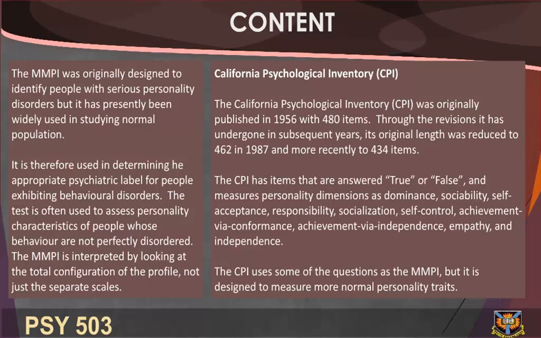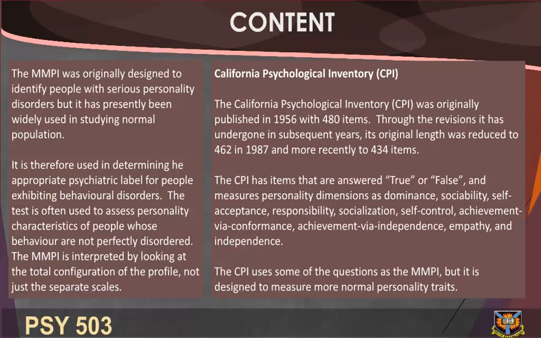California Psychological Inventory (CPI). The California Psychological Inventory was originally published in 1956 with 480 items. Through the revisions it has undergone in subsequent years, its original length was reduced to 462 in 1987 and more recently to 434 items.